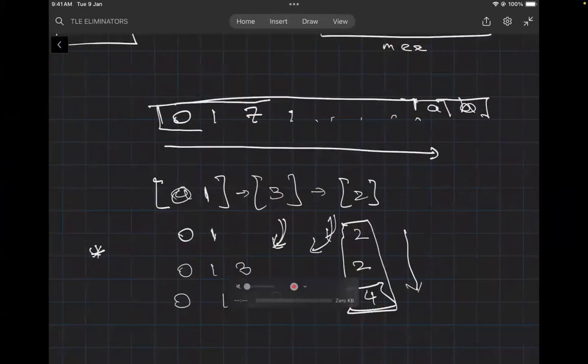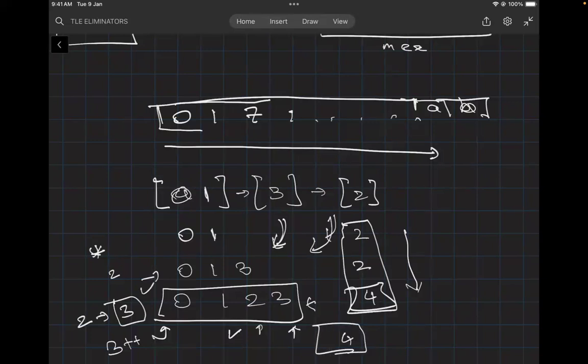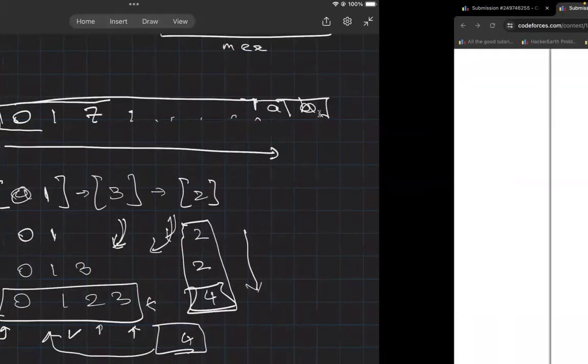What do I mean by this? Here, my max was 2. I inserted a 2 here, right? So is 2 present in this set? Yes. So I'm going to do 2 plus plus. My max became 3. Is 3 present in this set? Yes. So 3 plus plus. My max became 4. Is 4 present in this set? No. So I break. So the max of this array is 4. This is what I'm doing with this piece of code.